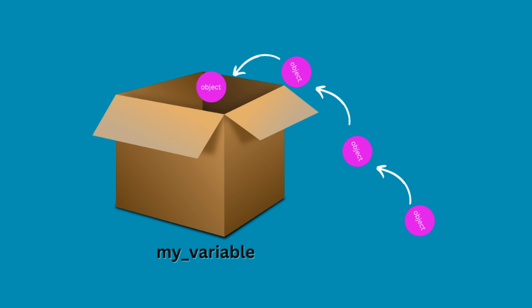Imagine you have a box and you label it my variable. Inside that box, you can put different things like numbers, words, or even more complex data structures. This labeling and storage of data are what variables are all about.